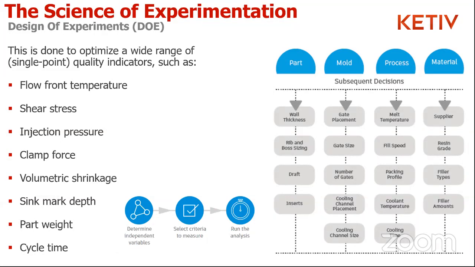For the mold, there's gate sizing, number of gates, cooling channels, etc. For the process, melt temperature, packing profile, coolant, cooling time, etc., and also the type of material itself, right? So you can optimize all kinds of metrics: flow front temperature, shear stress, shrinkage, etc. All you need to do is identify what the independent variables are, and DOE allows you to do that.